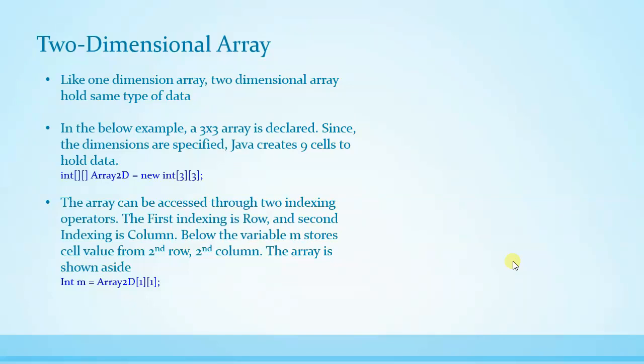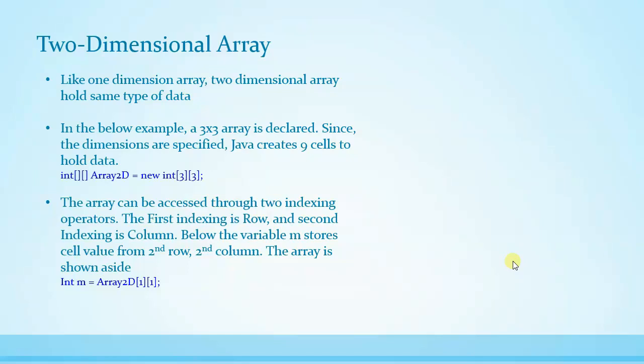So once the array is declared, it can be accessed through indexing operators. If it is a single dimension array, we specify the array name, then we specify the indexing operator. Since this is a two-dimensional array, we have to specify the cell based on the row and column values.